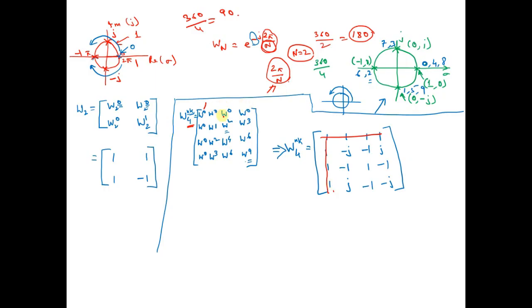Next one is W1, which is minus j. Then W2 is minus 1. Then W3 is j. Then W0. Then W2 is minus 1. Then 1. Then minus 1. Then j, minus 1, minus j.